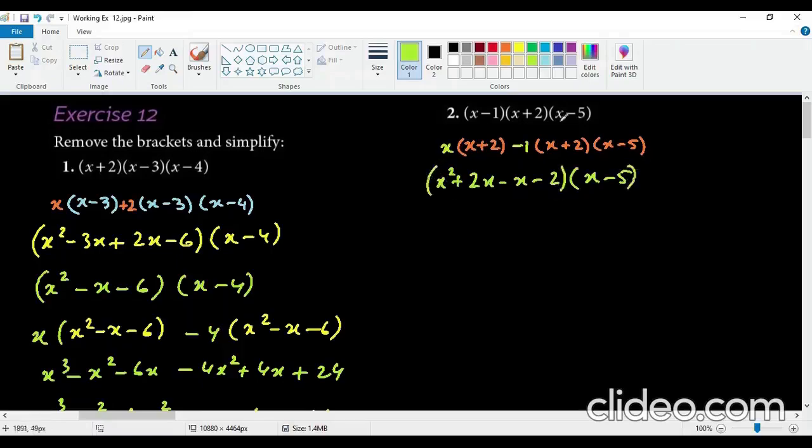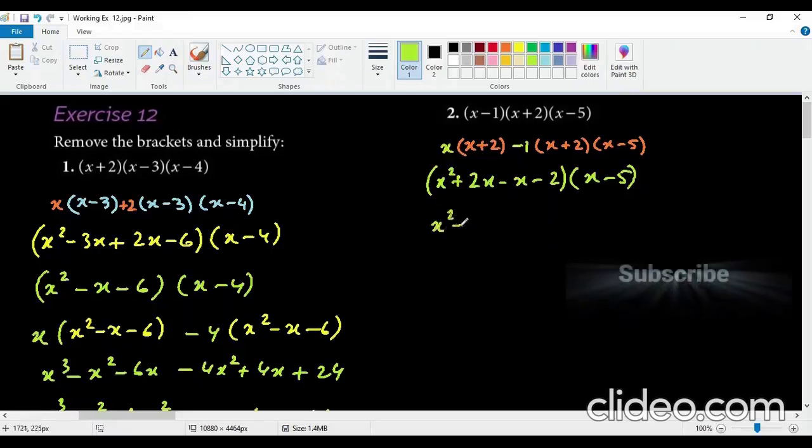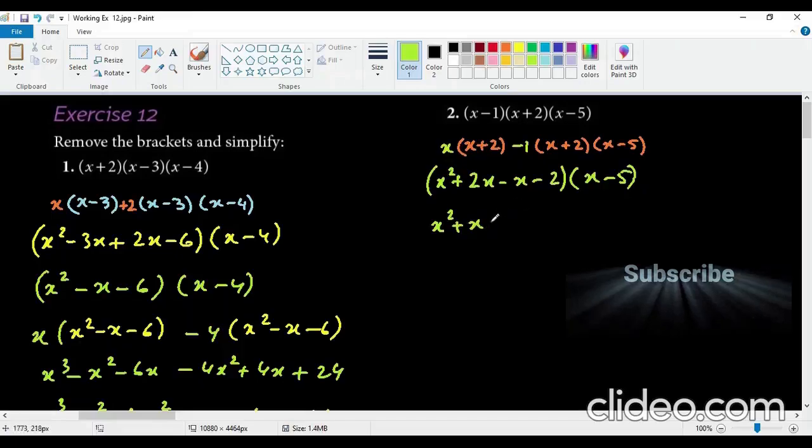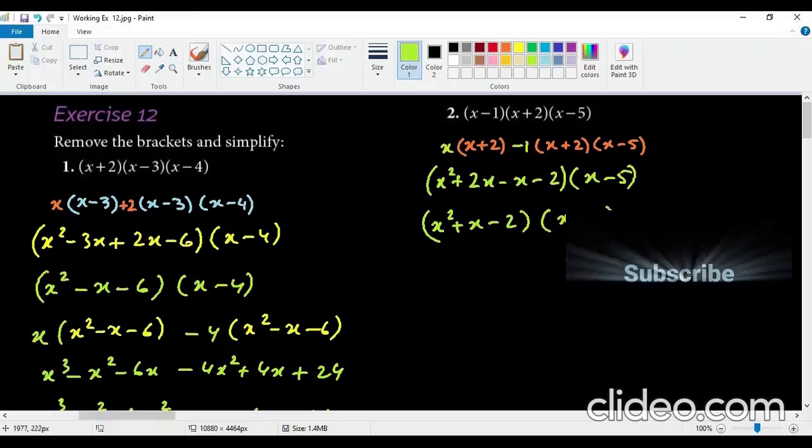Now I'll write x first, and then it's going to be multiplied by x square plus 2x minus x, or what we can do is we simplify the bracket within itself. So it's going to give you plus x minus 2 in one bracket, and another bracket x minus 5.